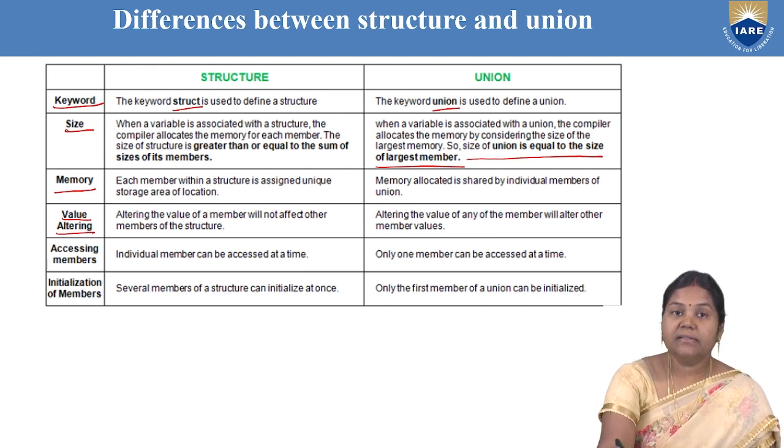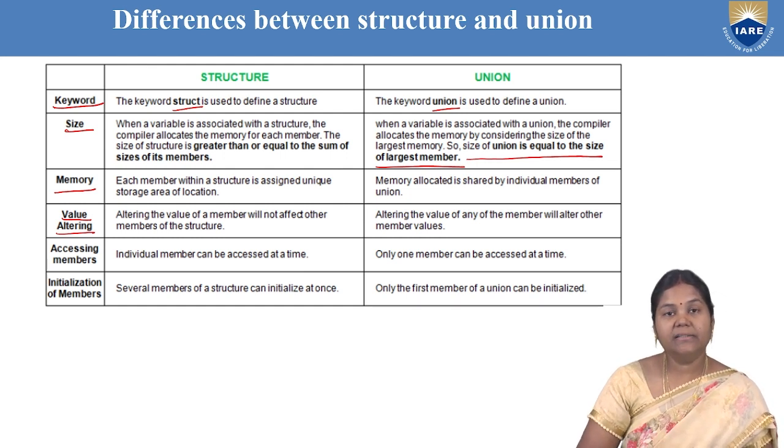But in a union, as the memory is shared by all the members, altering the value of any member will alter the other members' values. So you need to be careful while altering the values of any union member.